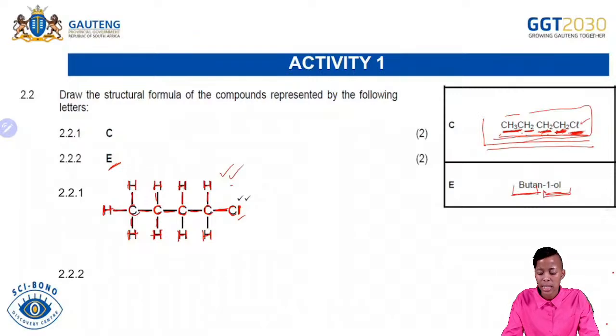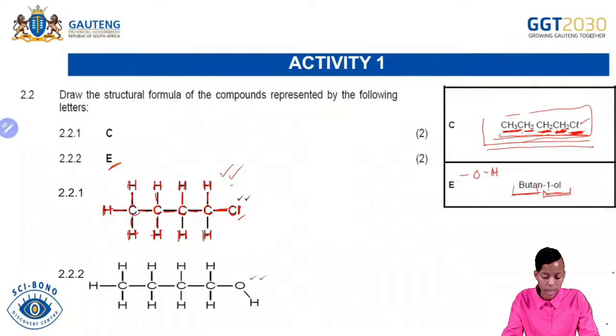That means that on position number 1, we must be having the alcohol, or a representation of the alcohol. And we are going to indicate the alcohol using the OH.